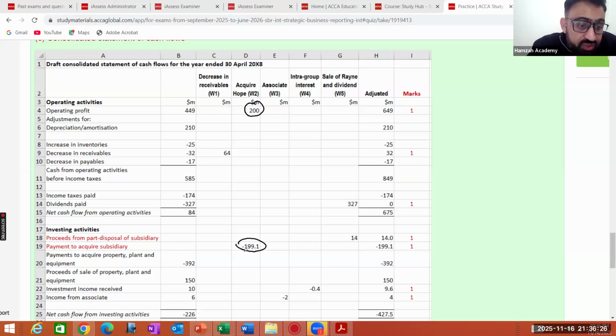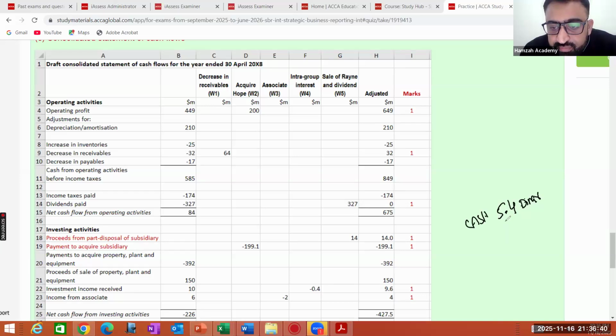Now, what is the story of this 199.1? Dear student, when you acquire the subsidiary company, Hope Company, they have 5.4 million dinar cash in hand. And on that date, the exchange rate was 5 dinar. So if we divide the 5.4 divided by 5, what will be the answer?